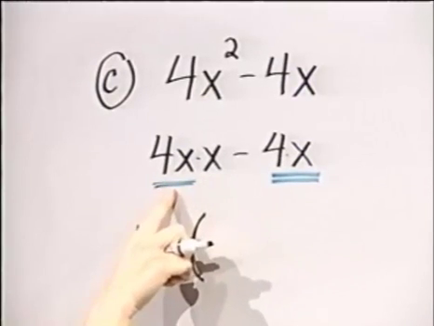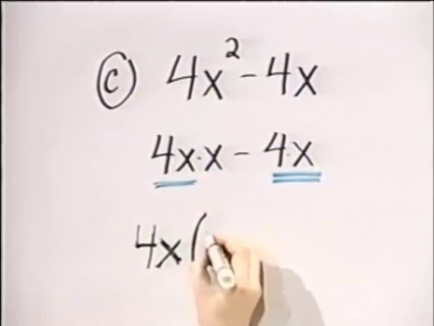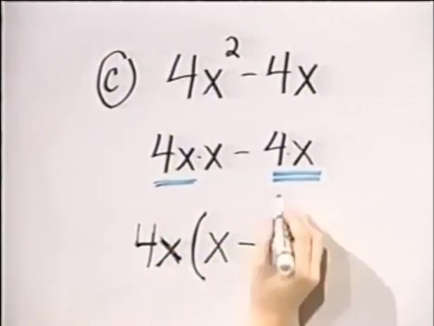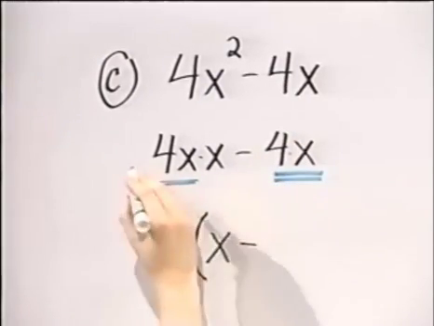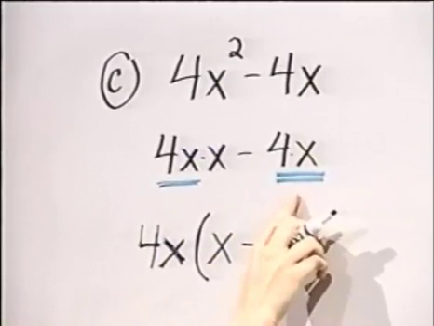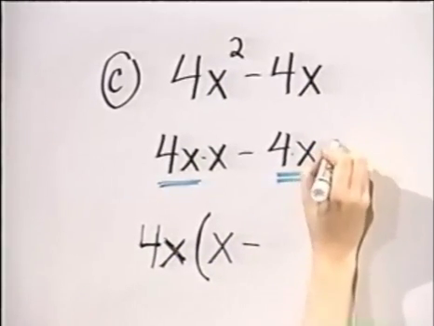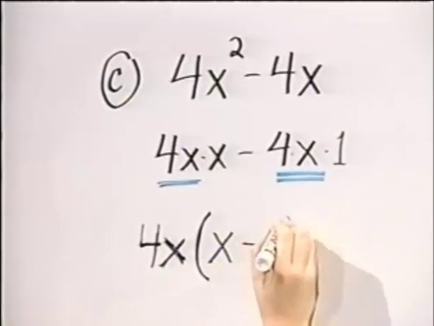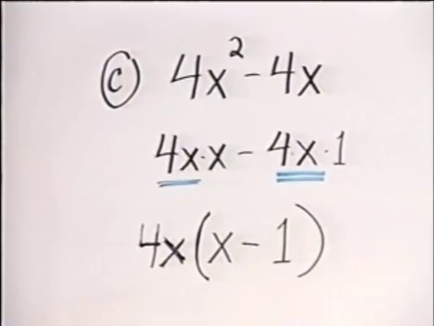When you take 4x away from the first term, you're left with x. Minus. Now, when you take 4x away from here, there's nothing left. Well, actually, there is something. Actually, 4x times 1 is 4x. You're left with the number 1.